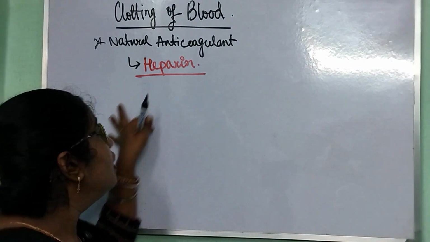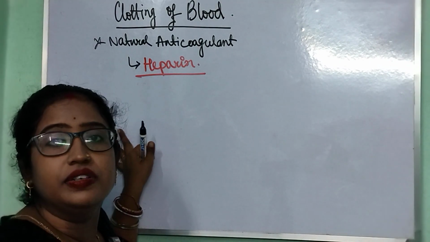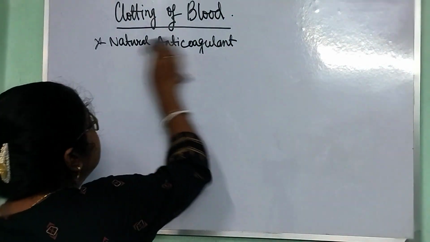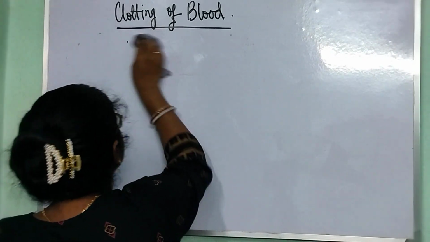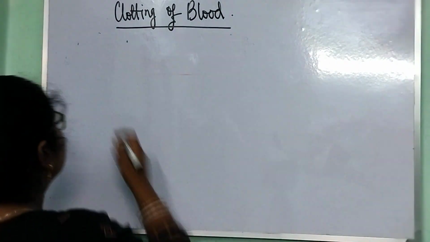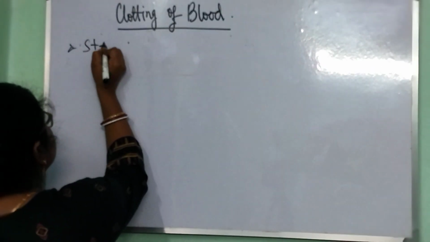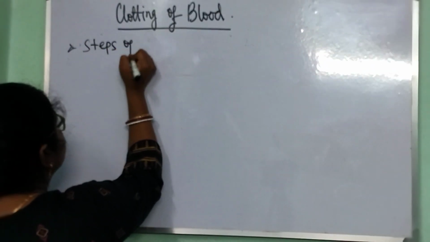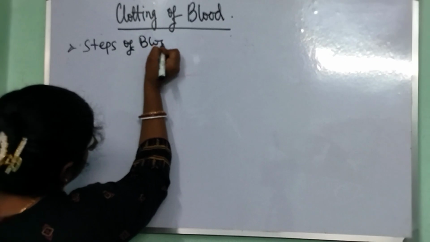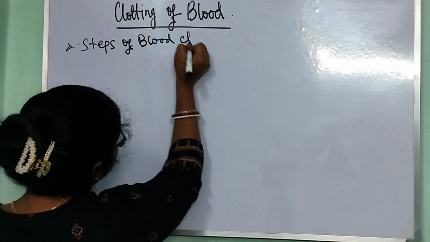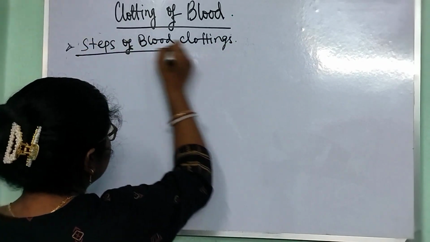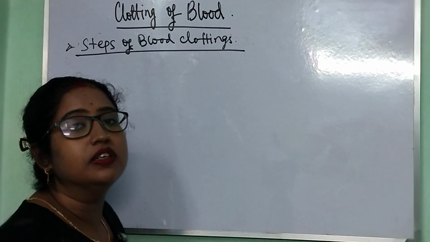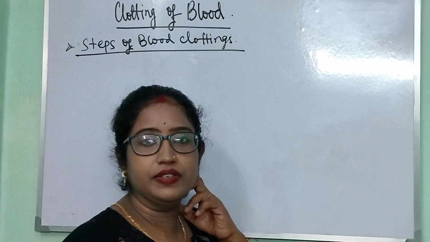So in case of a ruptured blood vessel, let us discuss the steps of blood clotting. There are a series of reactions that occur during the rupture of a blood vessel.